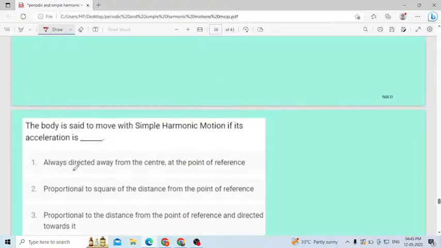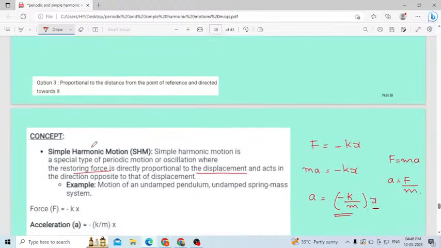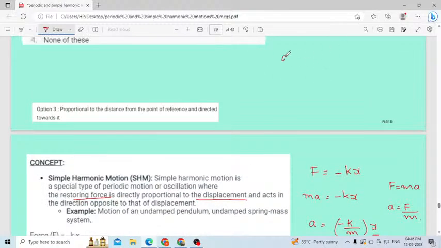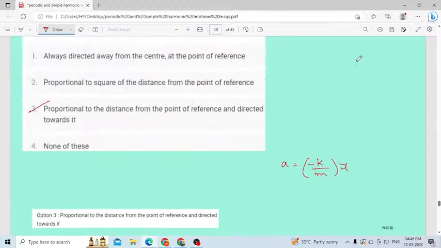Okay, once again I will explain the question. The body is said to move with simple harmonic motion if its acceleration... what about the acceleration? Acceleration will be equal to, you know the formula, minus k by m into x. Now see the third option: directly proportional to the distance. x is the distance, correct?